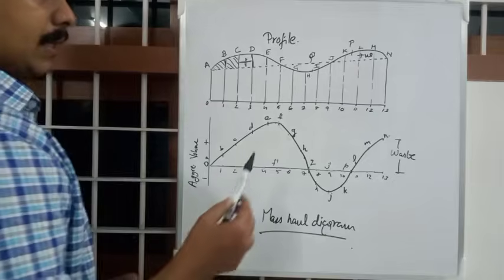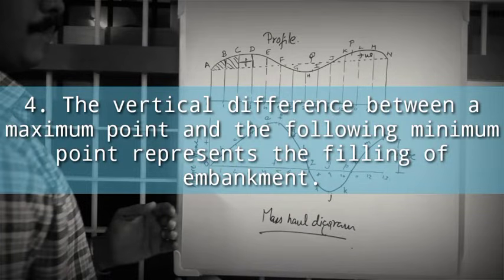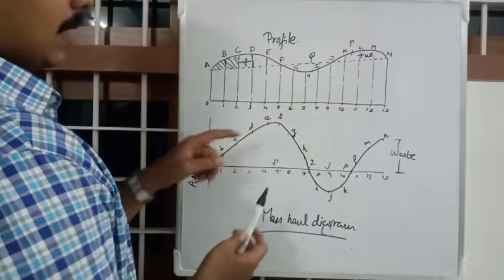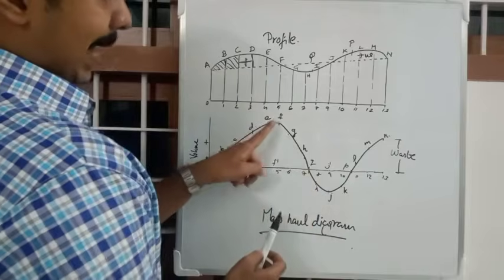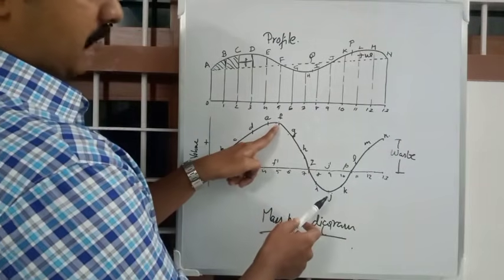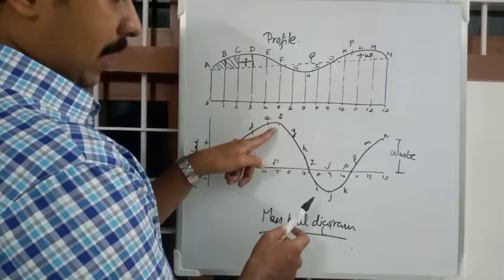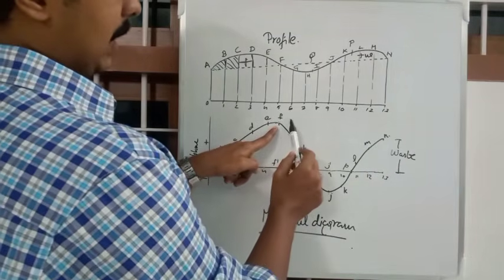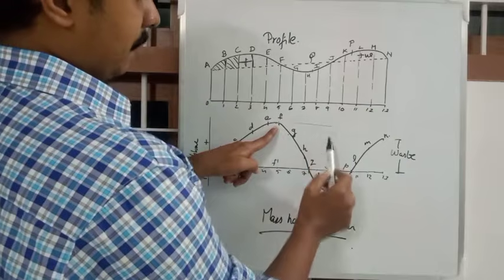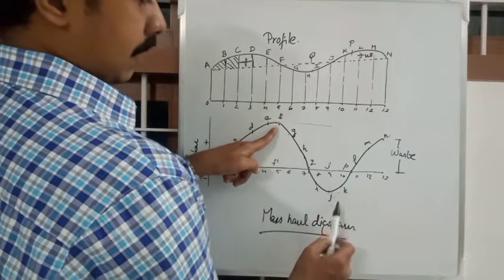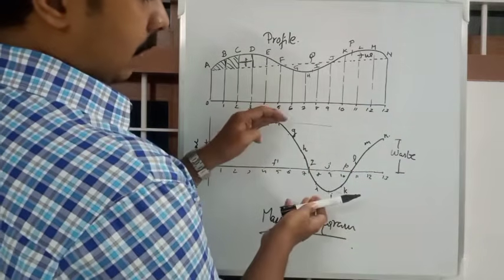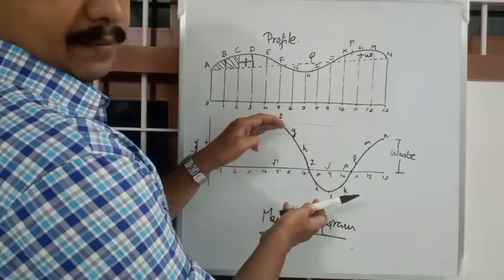And the fourth one: the vertical difference between the maximum point F and the following minimum point, that is J. The following minimum point after F. So the vertical difference between F and J will be the volume of filling.